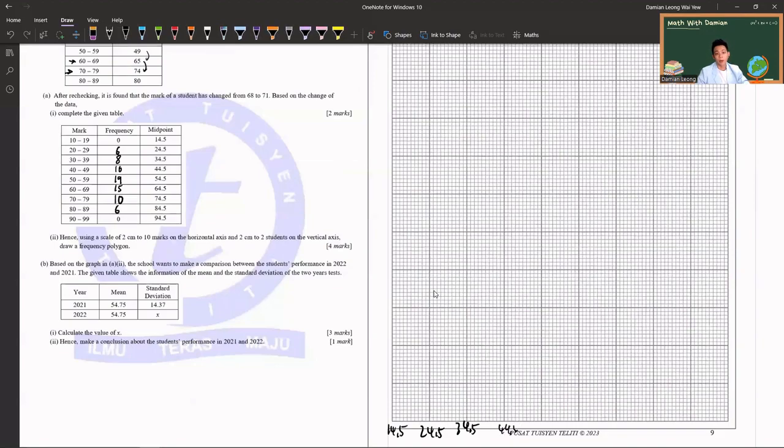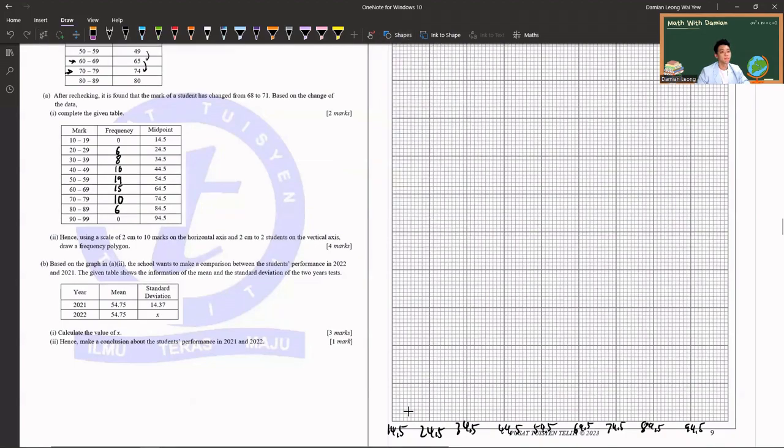Or you can start from the next box also, it doesn't really matter. 54.5, 64.5, 74.5, 84.5, 94.5. Just make sure you're able to fit everything.